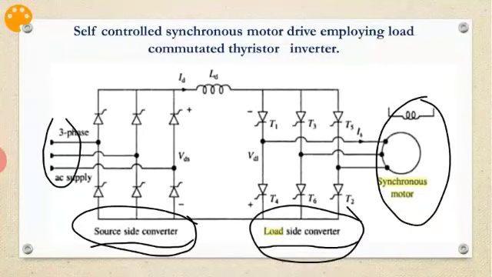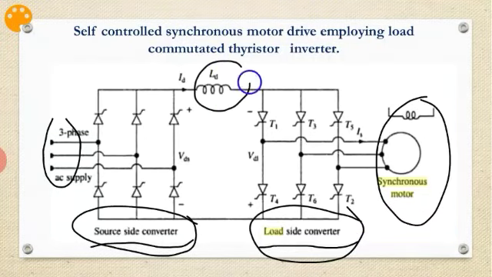Here, the DC link inductor LD is used to reduce the ripple in the DC link current ID.